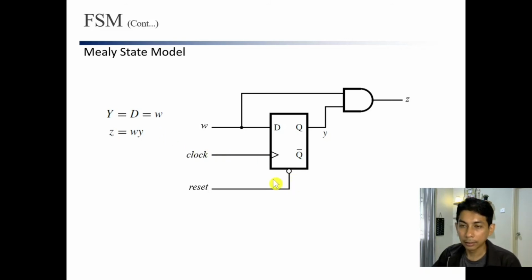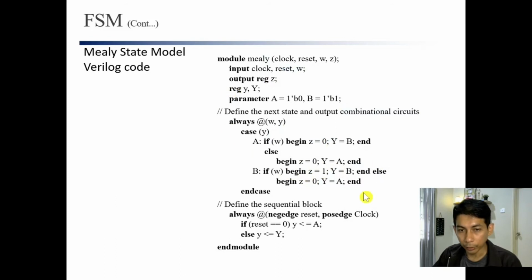Just imagine if you have more than 10 states, to derive this is time-consuming. So you can use Verilog to describe the behavior of your finite state machine. Later on we will use this behavioral modeling to model the state machine.